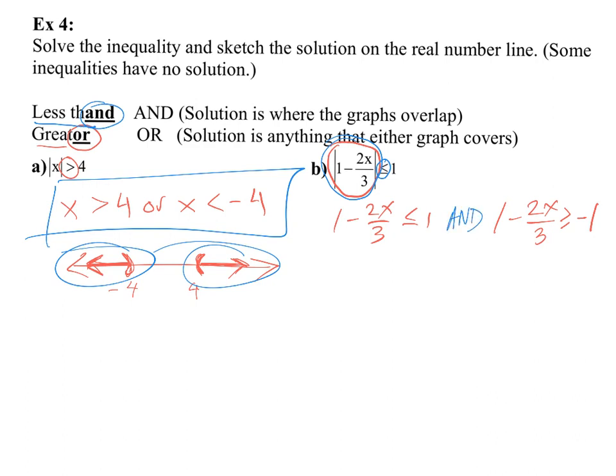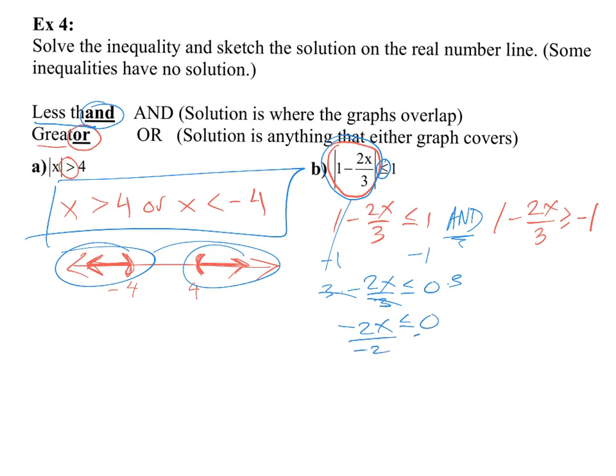When we graph, that's when it's important to take into consideration the and. Let's isolate x for both of these. Subtract 1. 2x over 3 is less than or equal to 0. Multiply by 3. Negative 2x is less than or equal to 0.